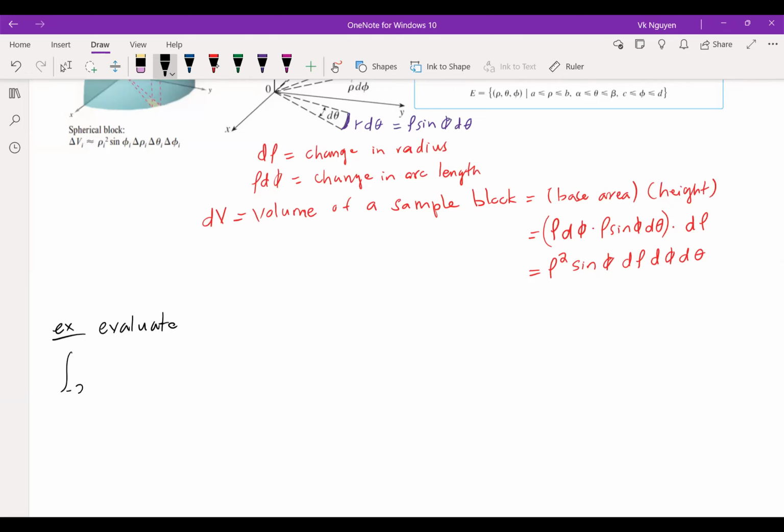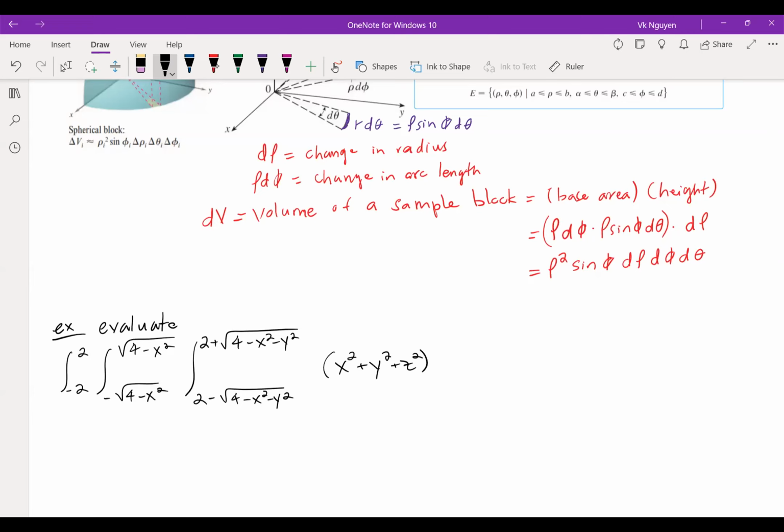Integral from negative 2 to 2, integral negative root of 4 minus x squared to root of 4 minus x squared, integral from 2 minus root of 4 minus x squared minus y squared to 2 plus root of 4 minus x squared minus y squared, of x squared plus y squared plus z squared to the power 3 over 2, dz dy dx.